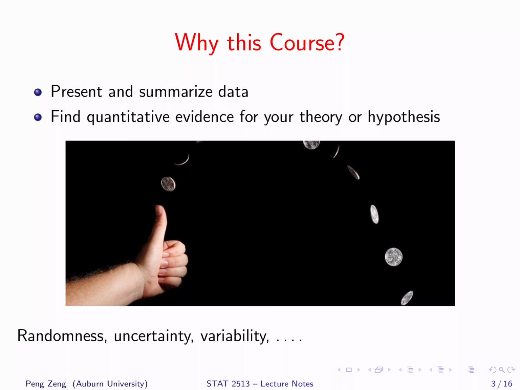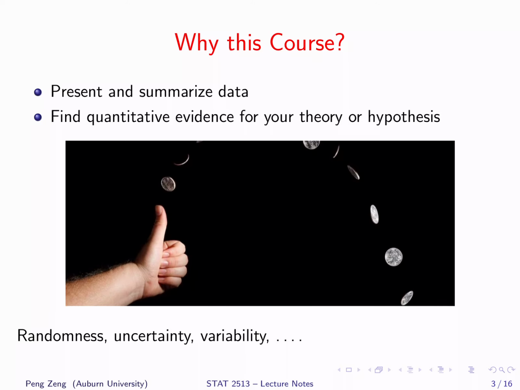Here, we need to first mention that randomness, uncertainty, and variability exist in many real-world applications. Statistics is the scientific approach to handle data collected from random phenomena. If we toss a coin, before the coin lands on the ground, we don't know what the outcome will be.